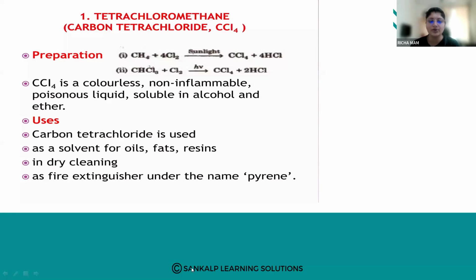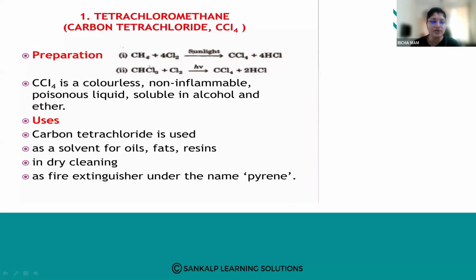So we are going to take methane and do chlorination in the presence of sunlight. We are supplying 4 molecules of chlorine in the presence of sunlight so that all the 4 hydrogen atoms are replaced by chlorine atoms. You can see this is the reaction from where we can prepare carbon tetrachloride.